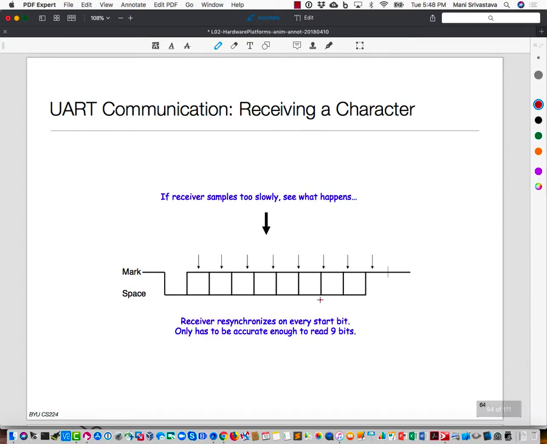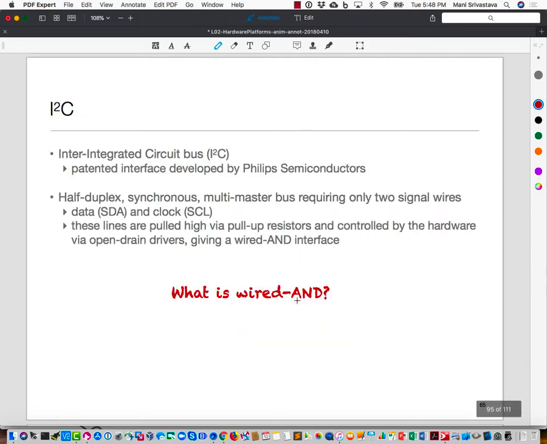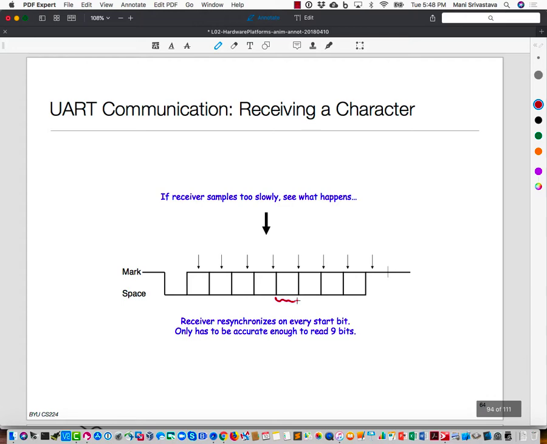For example, I guess this one we are missing out. If you look at this one, it is not getting sampled at all. So then you run into problems. It's very important to get the alignment and the frequency right. So that was UART. Super simple.